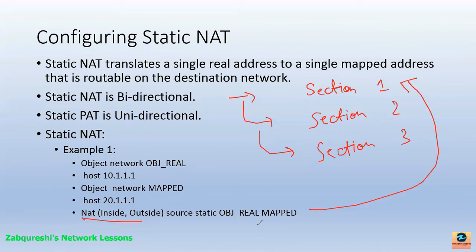That means global NAT will be preferred over section 2, which is the dynamic NAT that you do inside the object. So if you do any NAT inside the object, that goes into section 2, and section 3 we will talk about later. As of now, just understand that section 1 is the NAT that you do in the global configuration, and NAT inside an object will be in section 2. Okay, so that was a brief info on that.